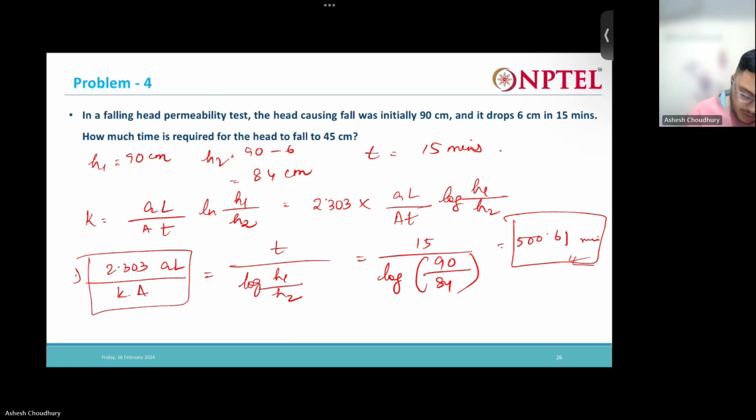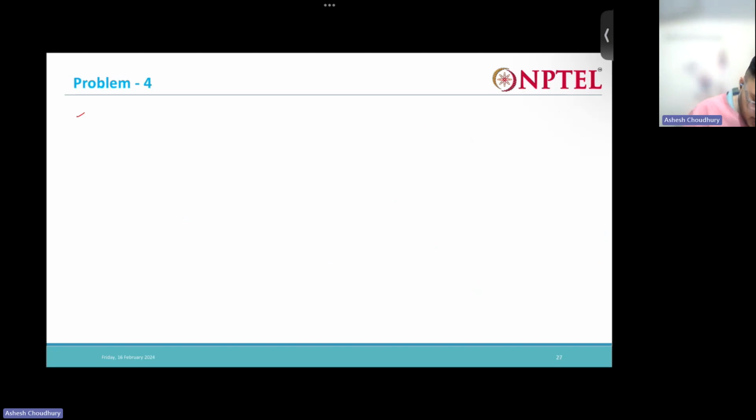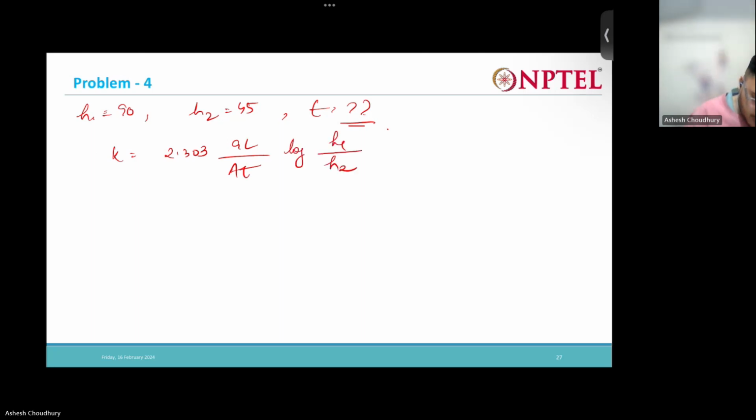Now H1 is 90 centimeter. Now it is asked when H2 is 45 centimeter, what is the T? How to get that? Same. T is nothing but 2.303 AL by KA, times log H1 by H2.